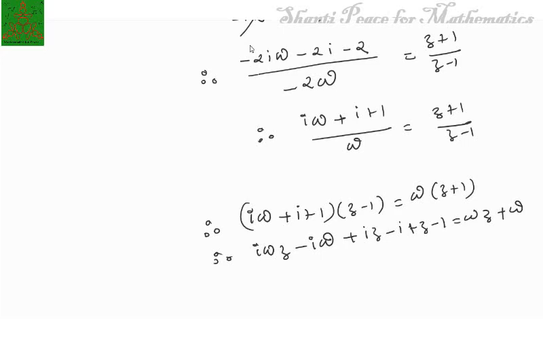All the terms with w we'll take on one side. So that's why we'll have w in bracket iz minus i minus z minus 1. All the other quantities we'll write down on the other side. So that's why it is 1 plus i minus z minus iz.